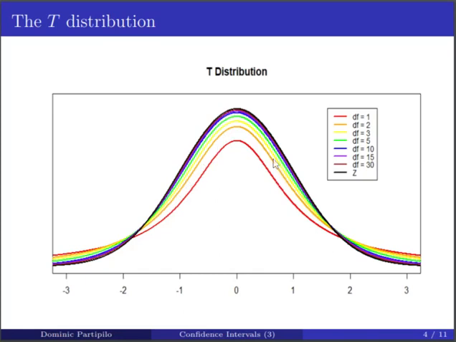So as we continue to increase our sample size, this curve right here is going to approach the shape of this black curve that looks like it's at the top of everything else. And that black curve represents the standard normal curve, or the z curve.